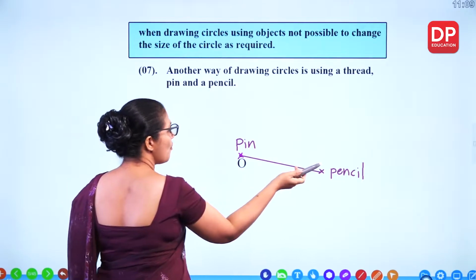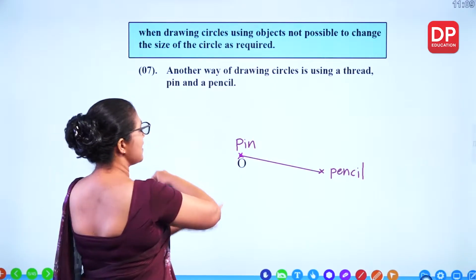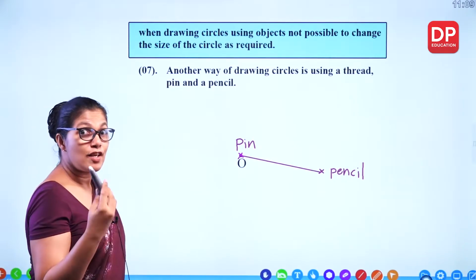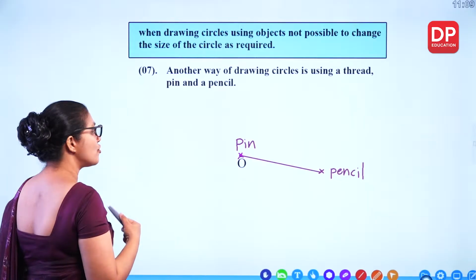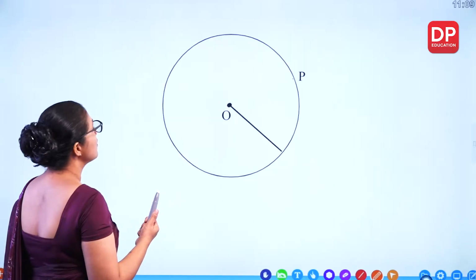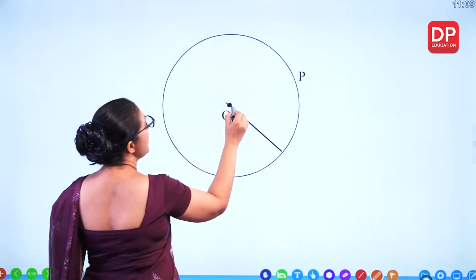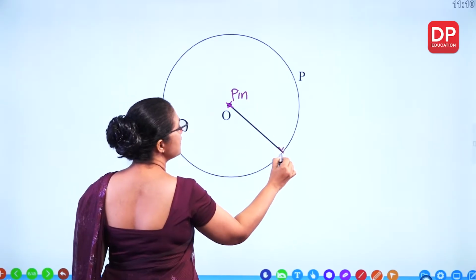Now you can rotate this. When you rotate this, you get a circle. So you can draw the circle. Here, this is the pin and this is the pencil.